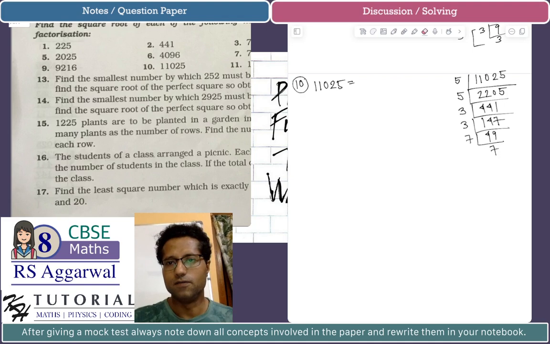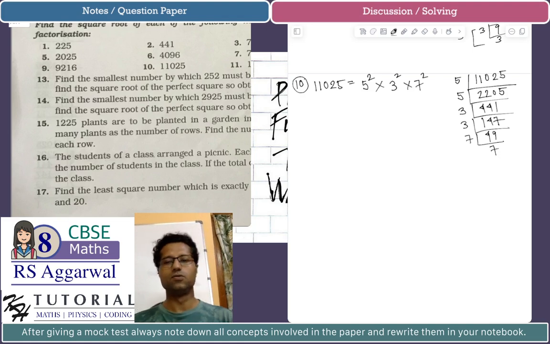That is, I will see how many 5s there are from the prime factorization. There are 2 5s, so it will be 5 squared, multiplied by how many 3s? 2, so 3 squared, and there are 2 7s. So I can say that 11025 will be 5 squared multiplied by 3 squared multiplied by 7 squared.